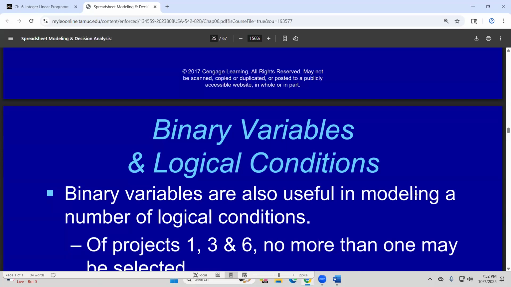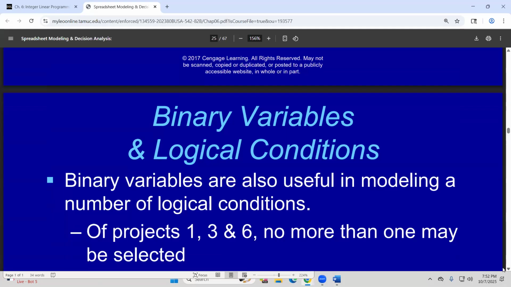How would you model this? At most means this, right? So that means x1 plus x3 plus x6 is less than or equal to 1, right? You see the concept? That makes sense? So at most 1.